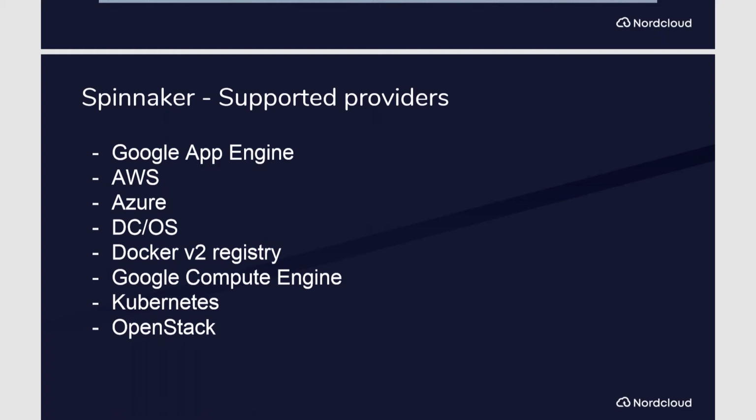I think this is what gains the most interest, and there has been a lot of work inside Spinnaker related to the Kubernetes support. At first there was the version 1 Kubernetes provider in Spinnaker, but that's being replaced with the new Kubernetes version 2 provider.